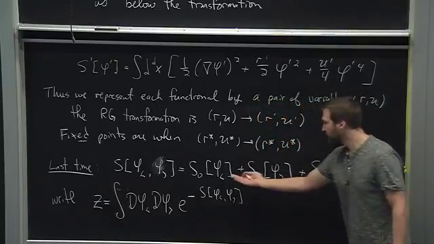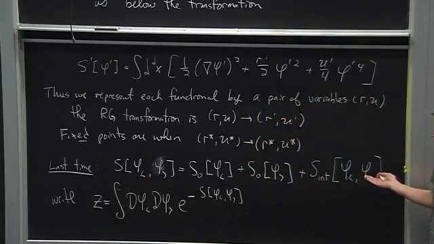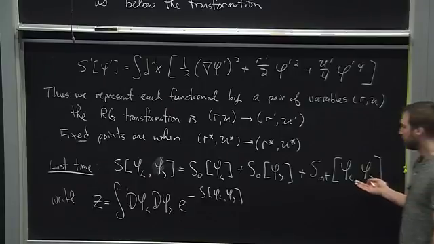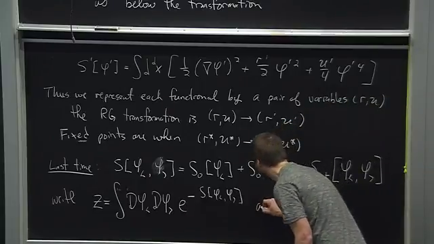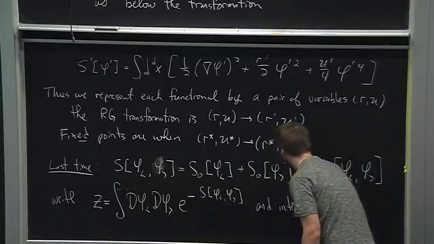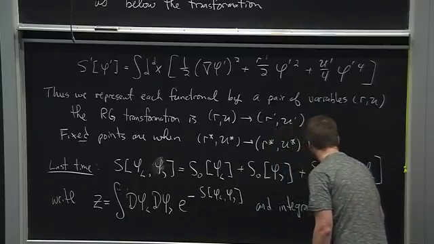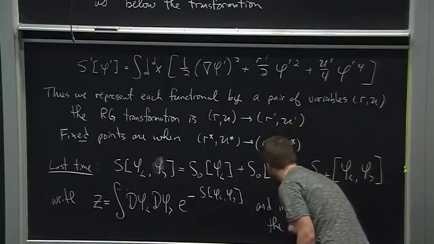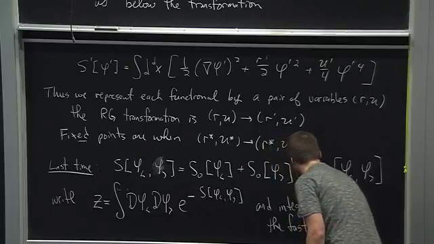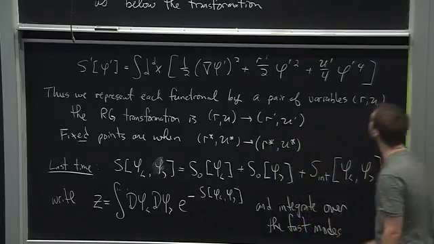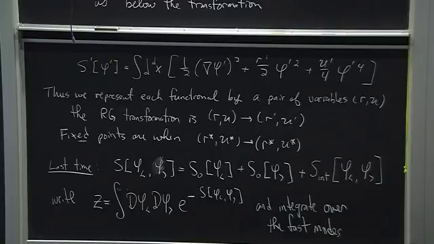And now that we have this set up like this, let's attempt to do the integration over the fast modes. Okay, so it's the outer shell that we're trying to thin out the degrees of freedom.